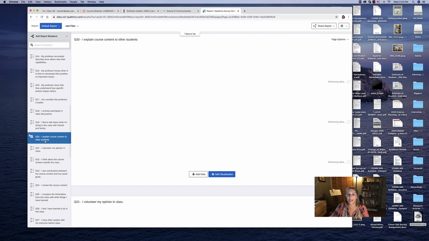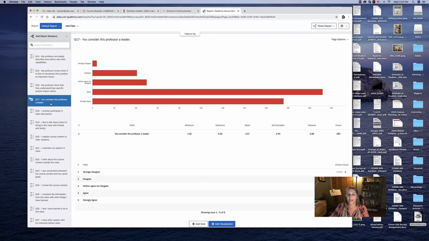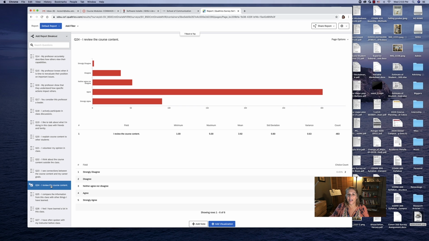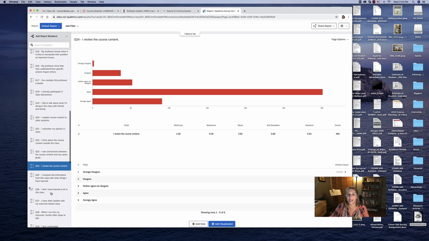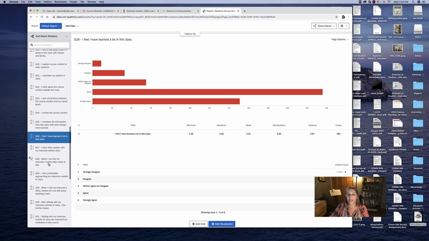Now, this one. Let me try this one. See, ooh, that's interesting. I wonder what we got here. Also interesting, we're still positively skewed. Still positively skewed. We're not seeing a whole lot following this.